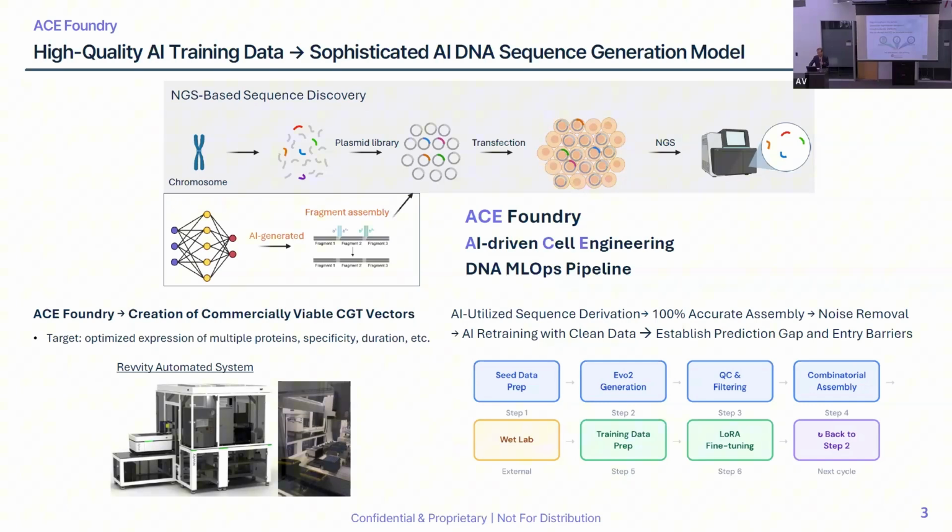We are setting up this ACE Foundry in Korea. We are using liquid handlers, but also have a variety of protocols already assembled, and using this kind of workflow to develop our AI models.